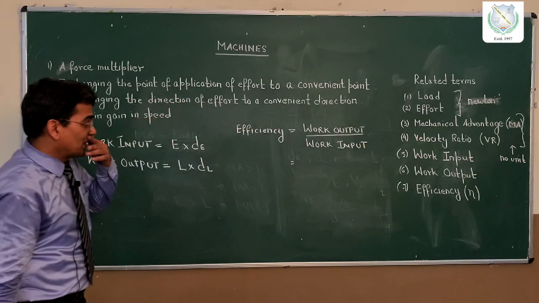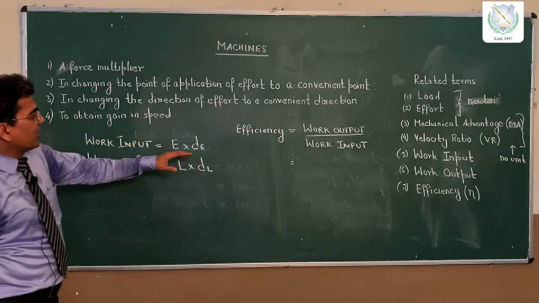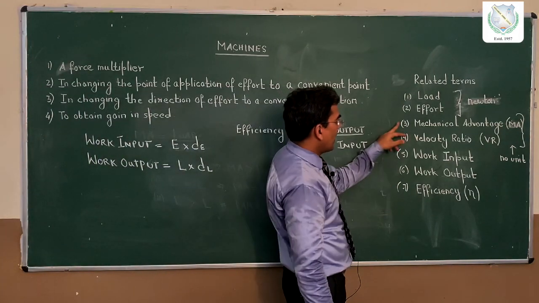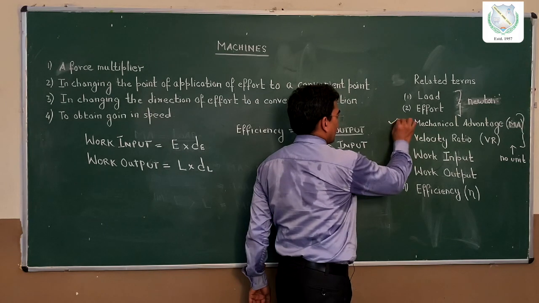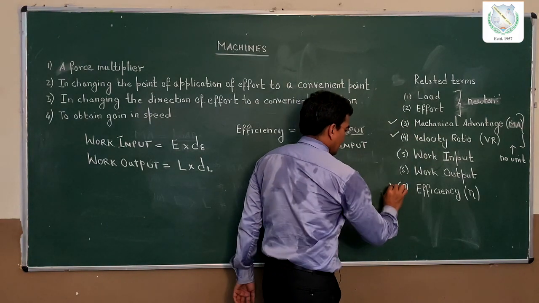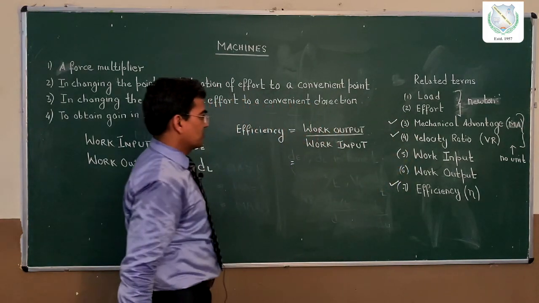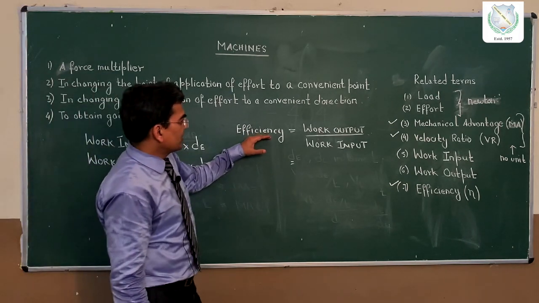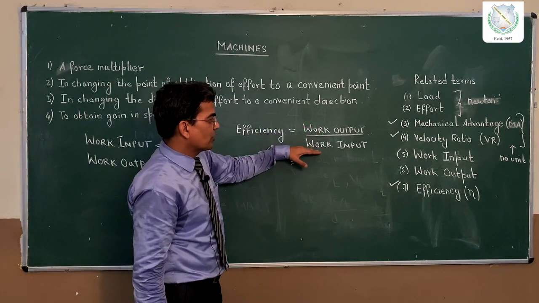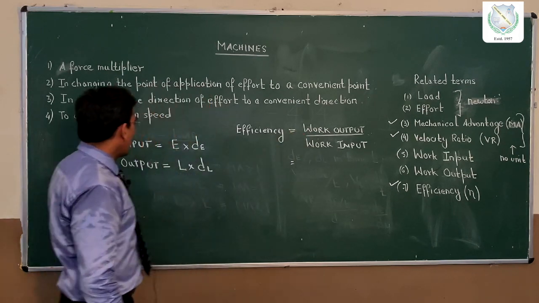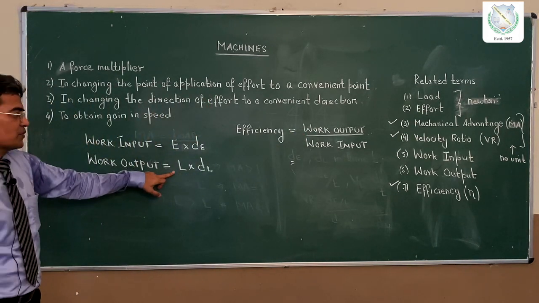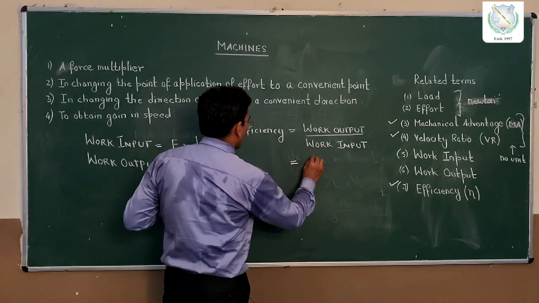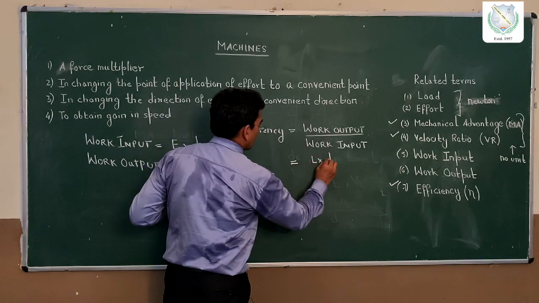Okay, now we are going to derive the relation between efficiency, MA and VR. We are going to derive the relation between these three terms. So let's see how we are going to derive this relation. Efficiency is equal to work output upon work input. Now work output can be replaced by this. So we are going to replace work output like this.